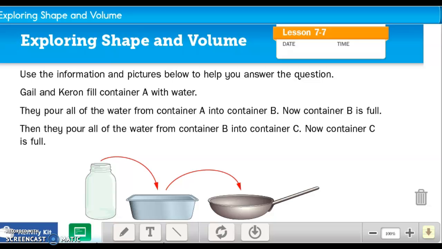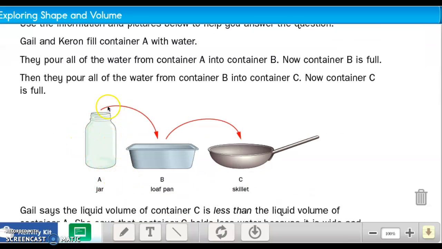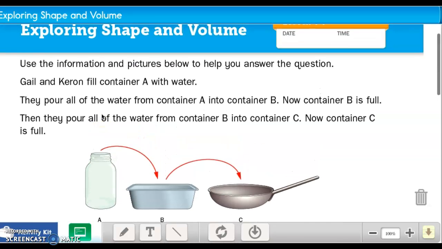So it says use the information and pictures below to help you answer the question. Gail and Karen fill container A with water. Okay, so let's look at container A. They fill it all the way up with water. Okay.